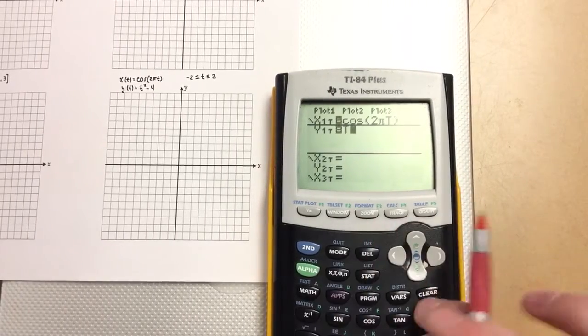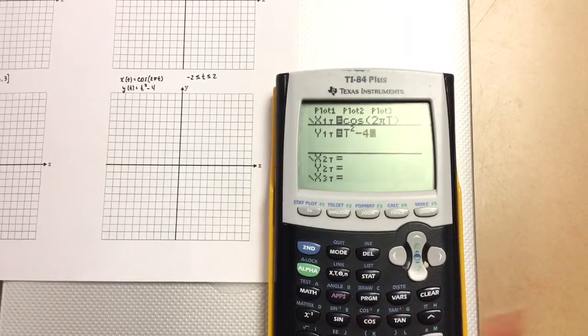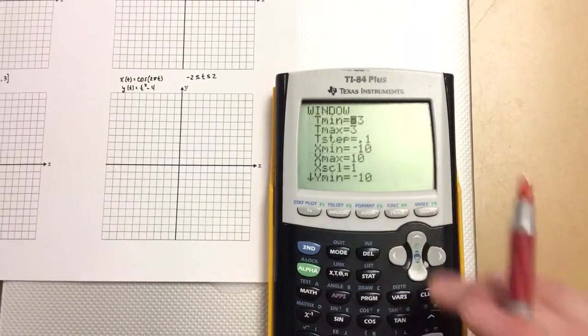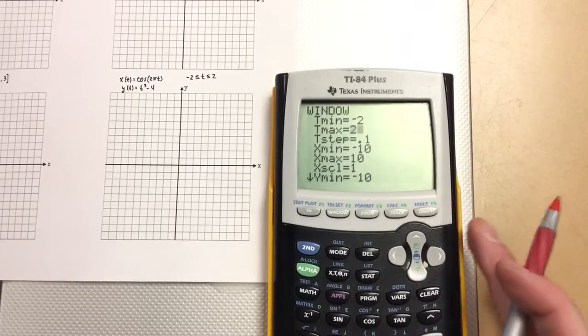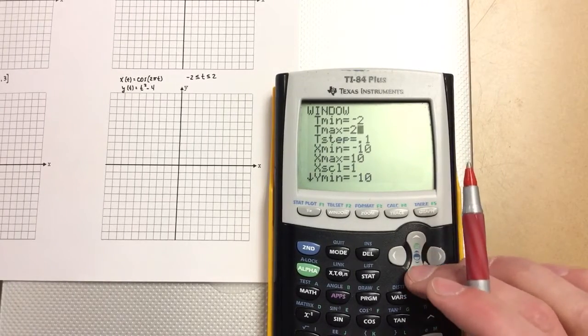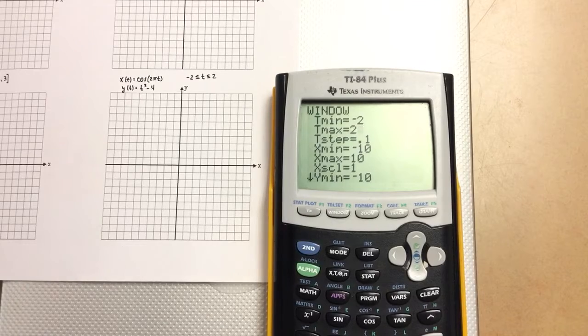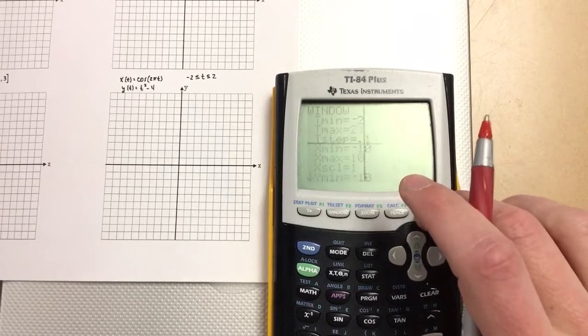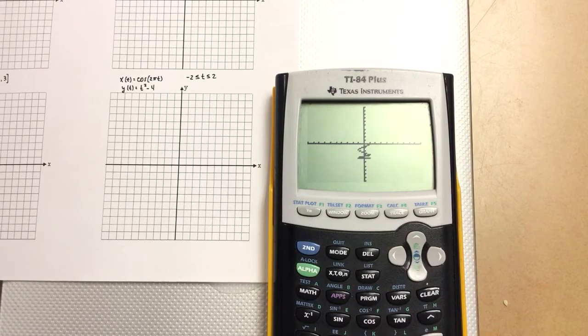We're going from -2 to 2. Let's keep it as is. Not yet, at least. Pay attention to the way that it moves. Zoop. Look at that little bit there.